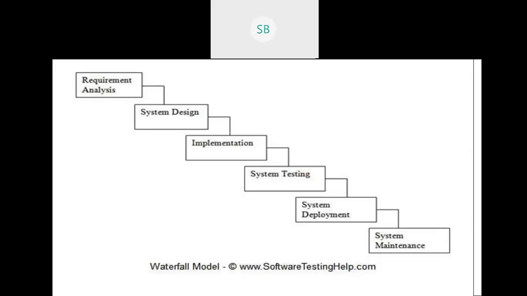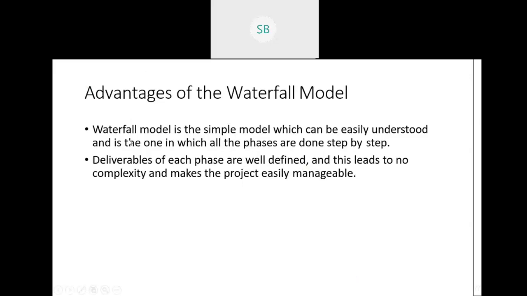Obviously, after system design is entirely complete, only then do you go for implementation, that is, the coding part. You cannot have system designing half complete, then code, and then again go back to system designing. So that is the advantage, and also the disadvantage, because we cannot modify the changes.